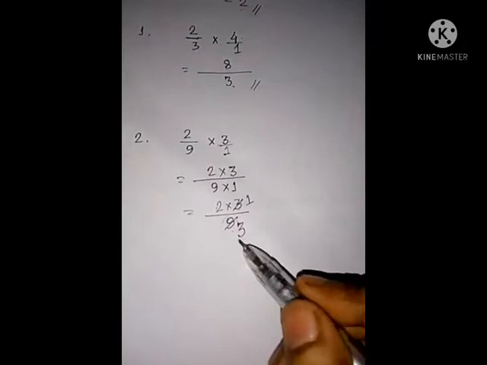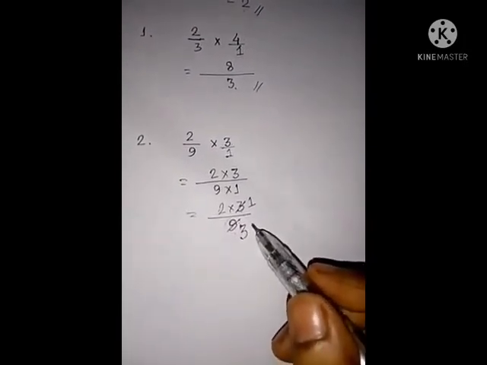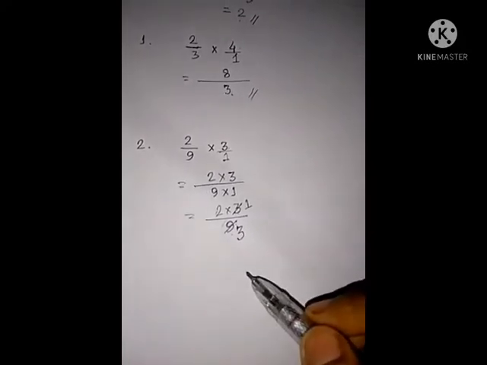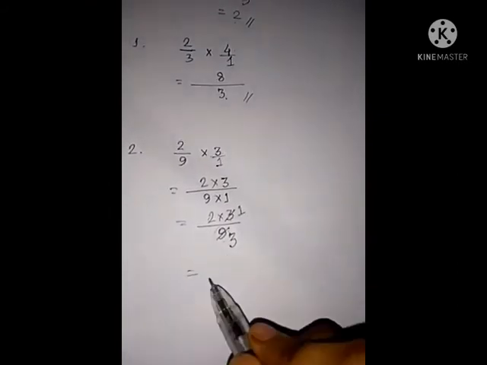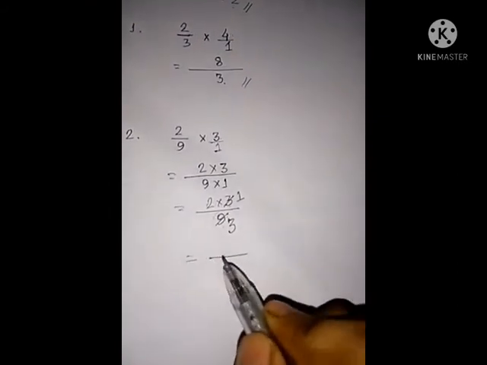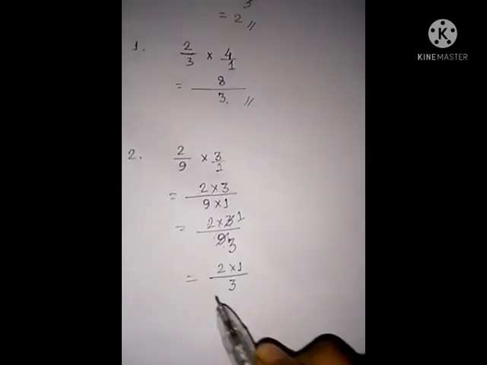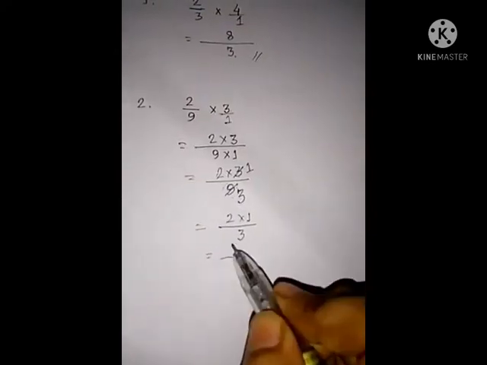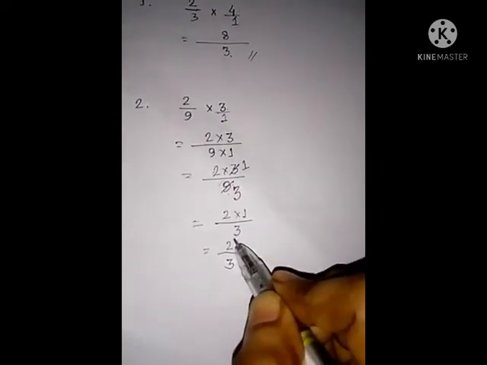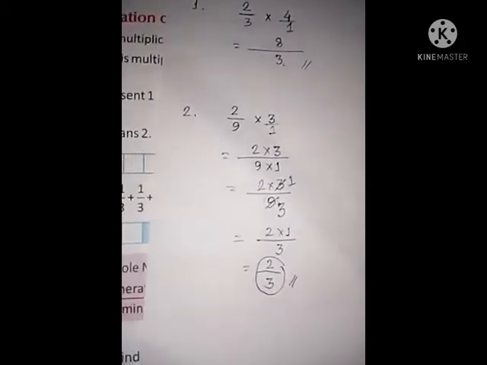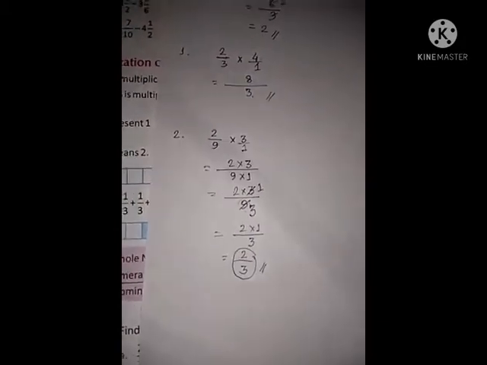By this process we can reduce any bigger number to a smaller number. Now see what is left: on the upper side, 2 into 1, and below only 3 is left. So 2 1s are 2, and as the denominator 3 is present. This is the answer. Like this, practice other examples.